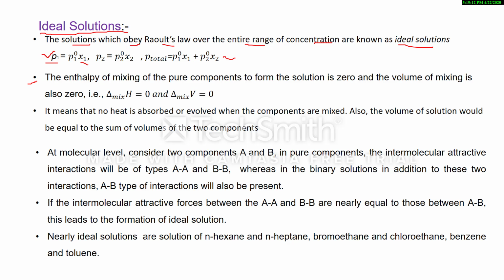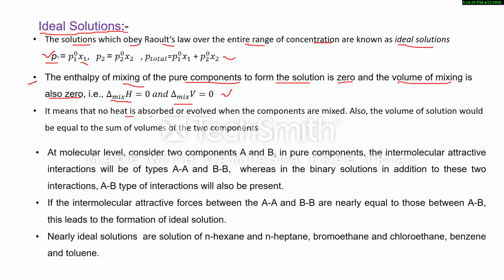The two characteristics of ideal solutions are that the enthalpy of mixing of pure components to form the solution is 0, and the volume of mixing is also 0. We can say that delta H mixing is 0 and delta V mixing is 0. Now what is the meaning of these two?